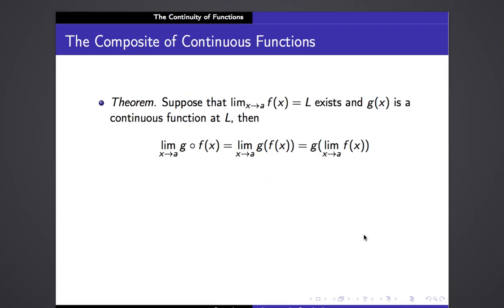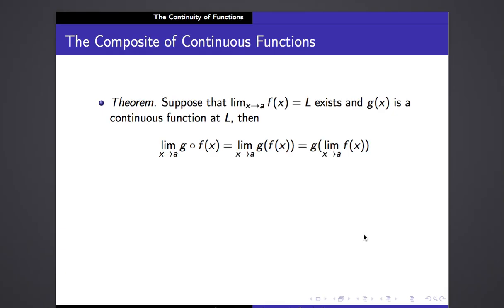Now here's another important thing about continuous functions. What if we compose two continuous functions? What happens to the composite function? It turns out that the composite function of two continuous functions is also continuous. So here's the theorem.